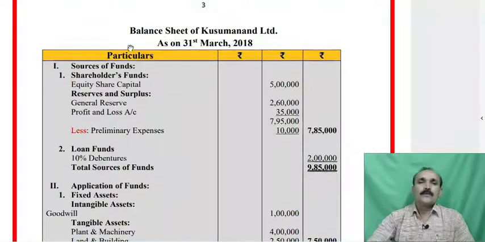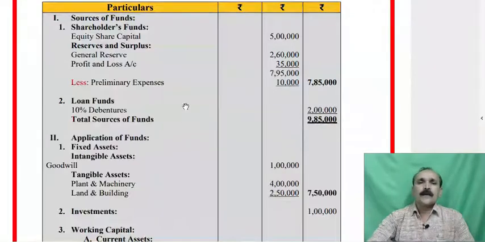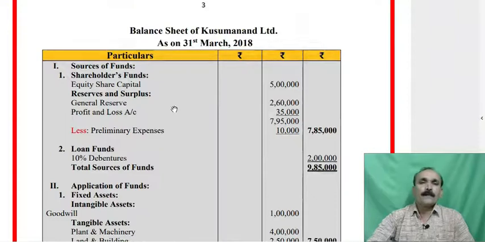Now we are going to prepare the balance sheet of Kushmanand Limited as on 31st March 2018. Balances as per trial balance. First, we have to prepare the statement: particulars, rupees.